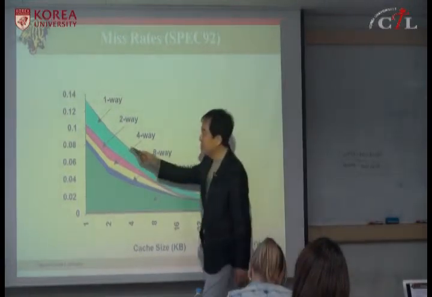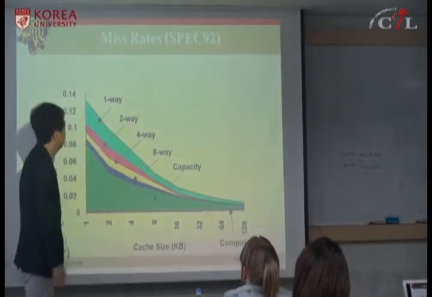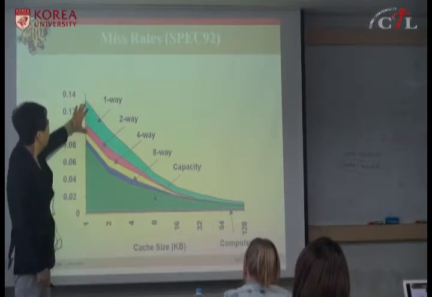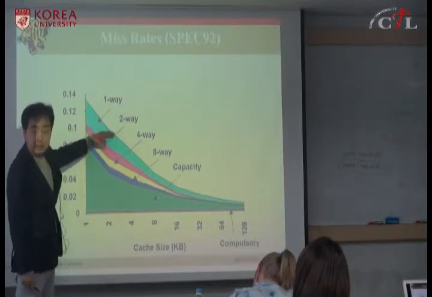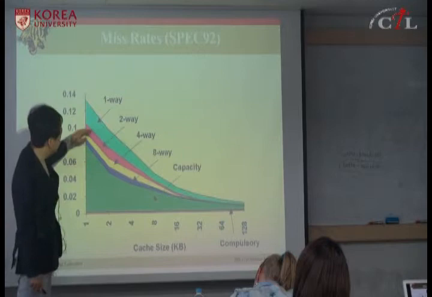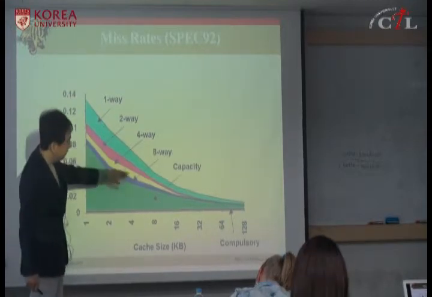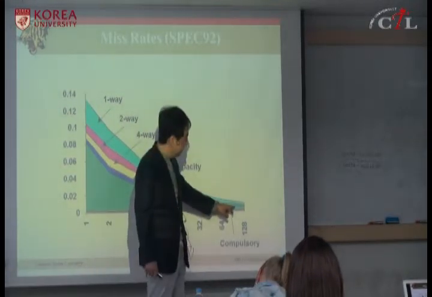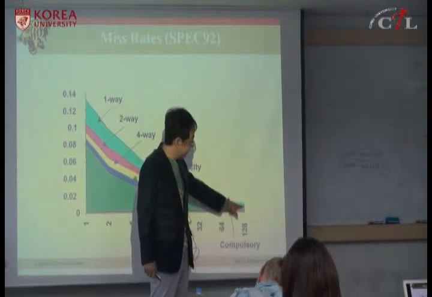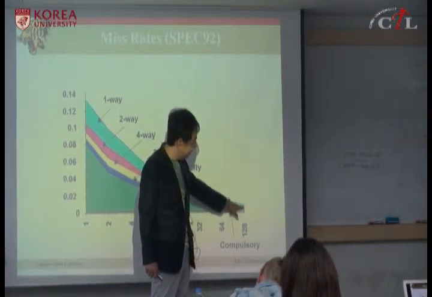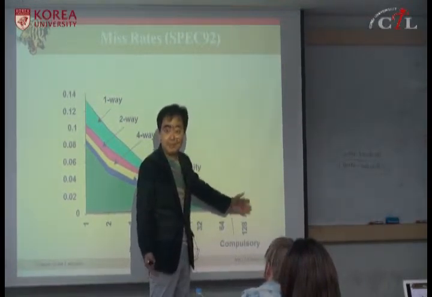So for small caches, fully associative or two-way associative caches can reduce the miss rate effectively. But for large caches, two-way associative, direct mapped, or fully associative, there's not much difference.